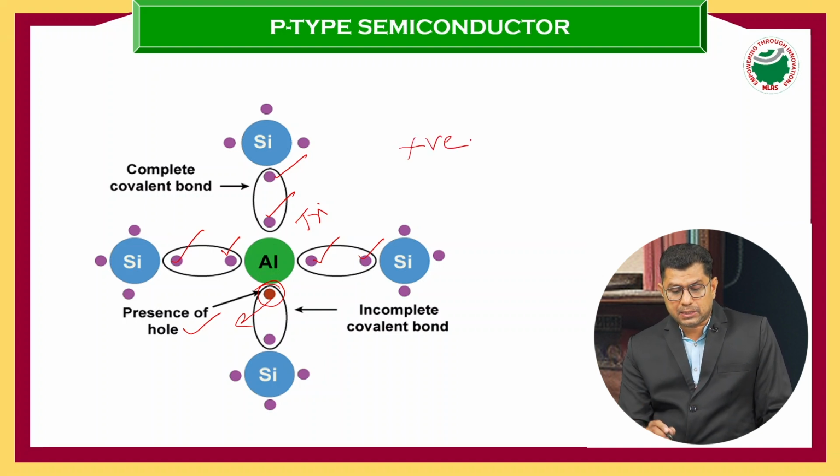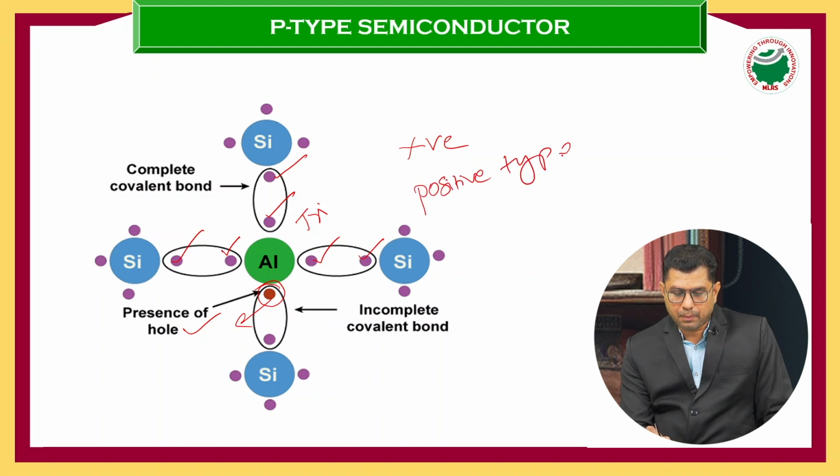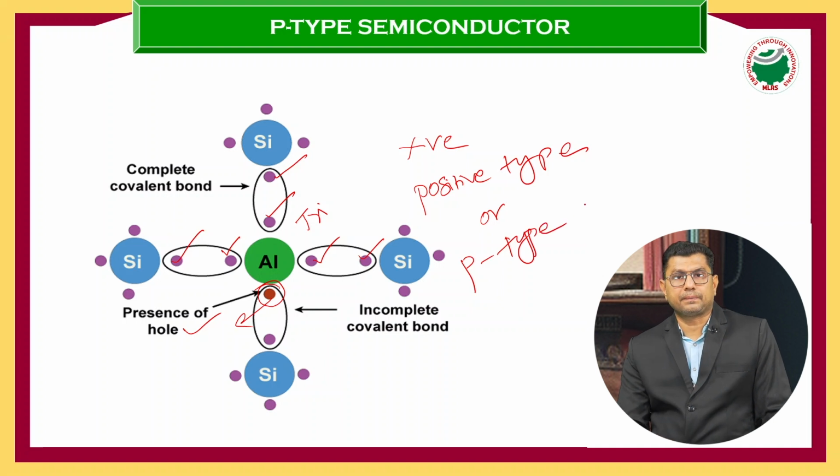So these types of semiconductors are called positive type semiconductors, or in short form we can say p-type semiconductors. Whenever we add trivalent impurities to an intrinsic semiconductor, holes are the majority charge carriers and electrons are the minority charge carriers.